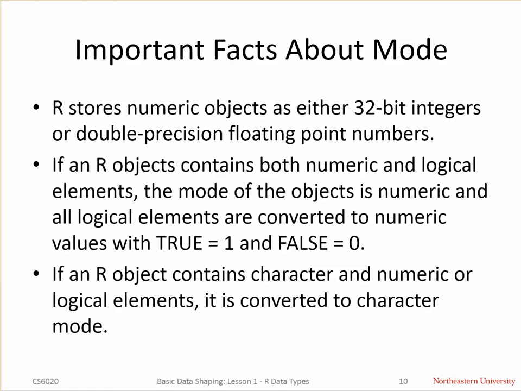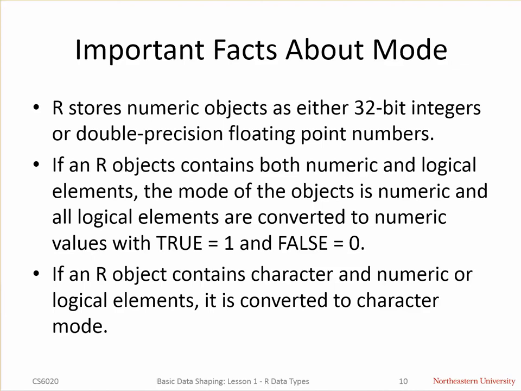Now, some important facts that you need to understand about mode to really understand how data gets stored internally within R. R stores numeric objects, having the mode numeric, as either 32-bit integers or double precision floating point numbers, depending on whether you use a period as a decimal separator or not. So if it's a decimal, then it uses double precision floating point numbers.